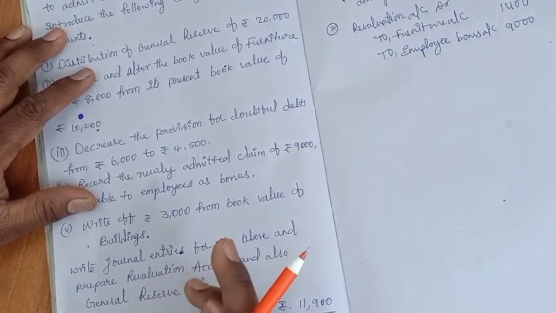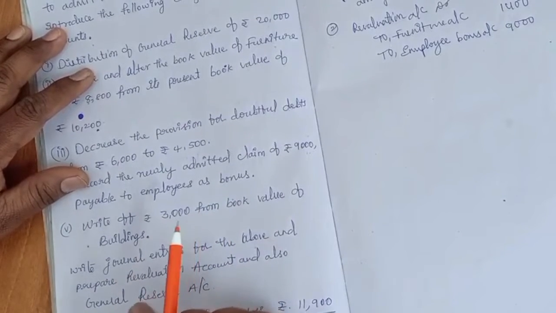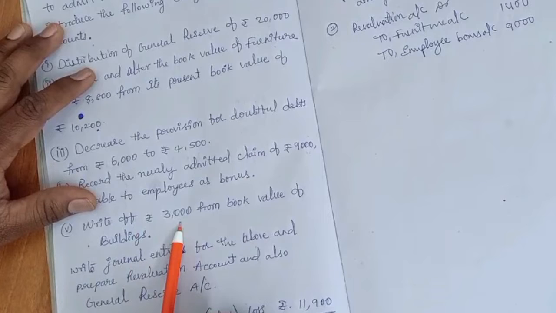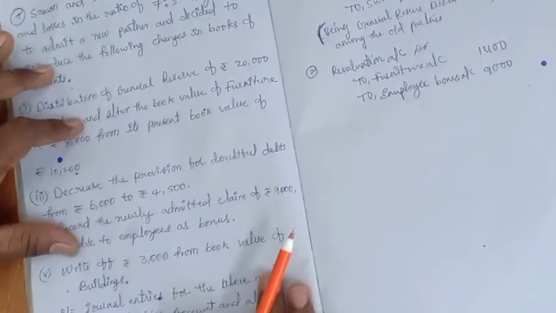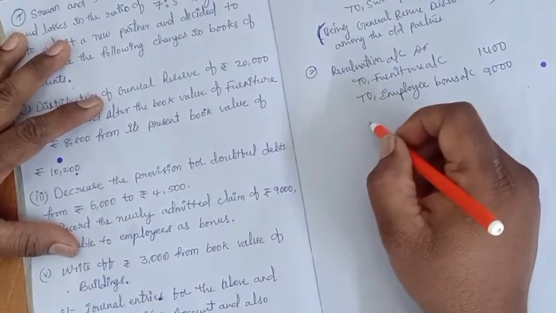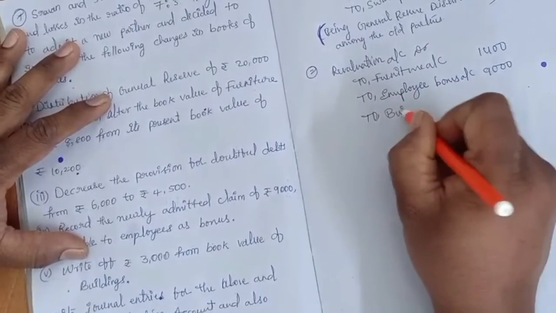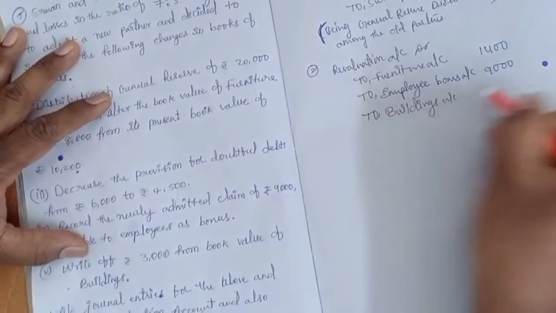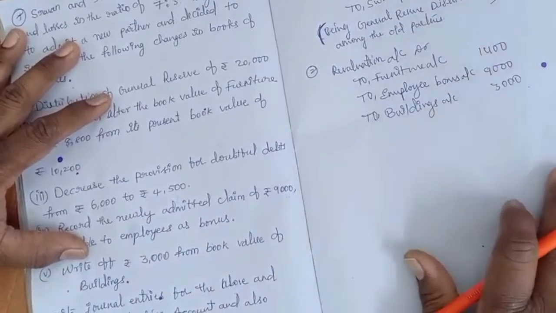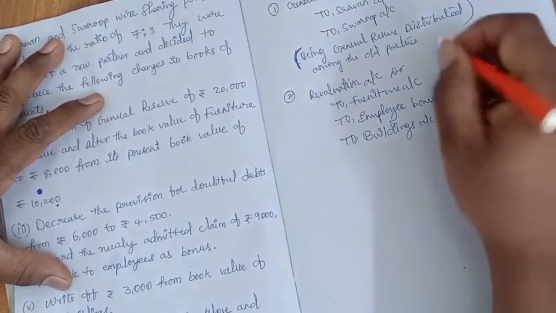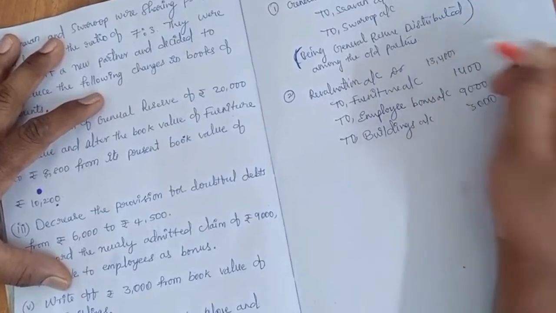We don't know the exact value of the building, and we don't require it either, because here it is telling us that 3,000 has to be written off, or subtracted from the building. That means it's a loss to the business. Again it is going to be debited to the revaluation account. So to buildings account 3,000. Okay, and if you add these 9,000, 3,000 and 1,400, that comes to 13,400.